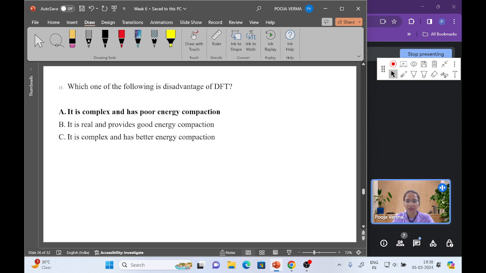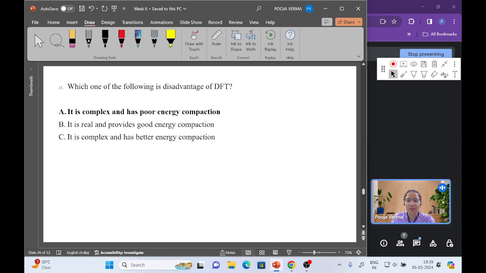Okay, I think we have already solved this question. Can any one of you answer it? Which one of the following is a disadvantage of DFT? Option A, it is complex and has poor energy compaction. Option B, it is real and provides good energy compaction. Option C, it is complex and has better energy compaction.